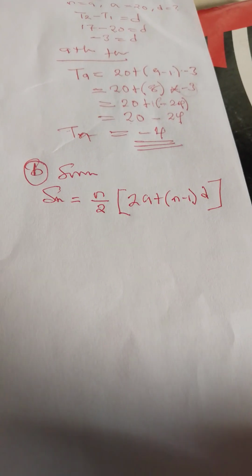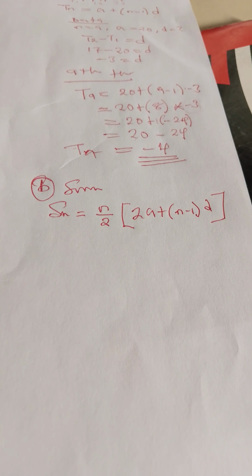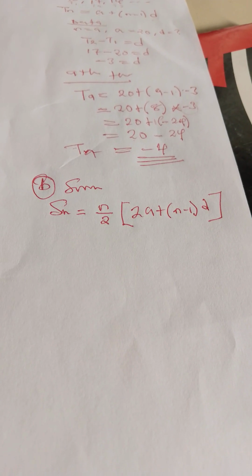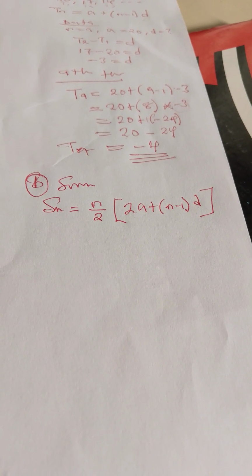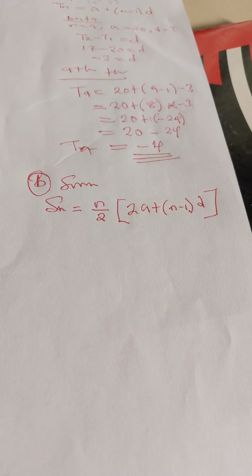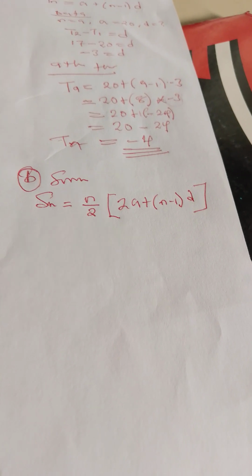That is the sum. Mind you, these formulas, more especially for an AP, you have to know them, because in paper 1 there will be no formula sheet, as it is when it comes to paper 2. So you have to know the term as well as the sum of an AP. Those are paper 1 mandatory questions.